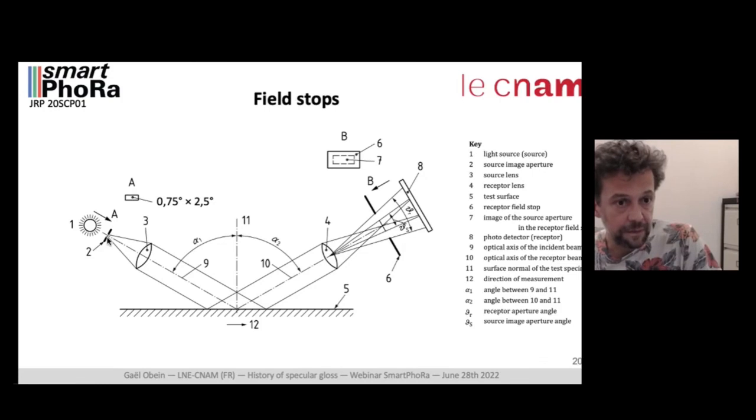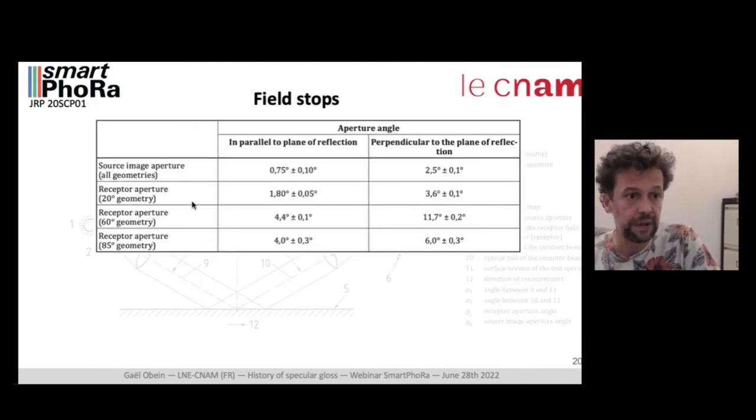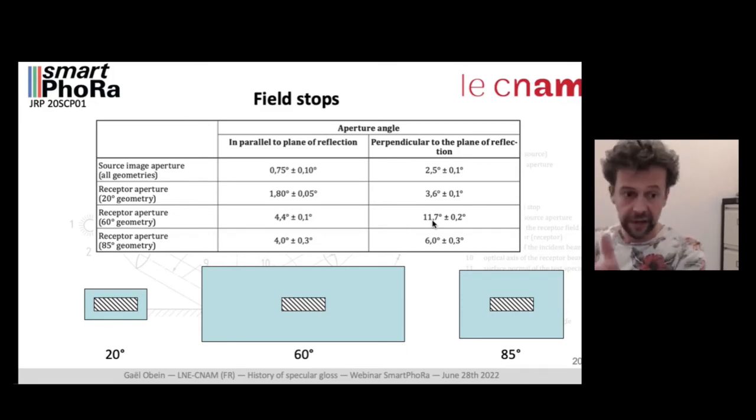It's almost all. The fields are defined in the standard. So this is the field, the illumination aperture. Here it's 0.75 degree by 2.5, and for the detection, it depends on the angle. For the 60 degree, which is the larger, it's a very large aperture, 11.7 degrees in the zenithal plane, which is huge.